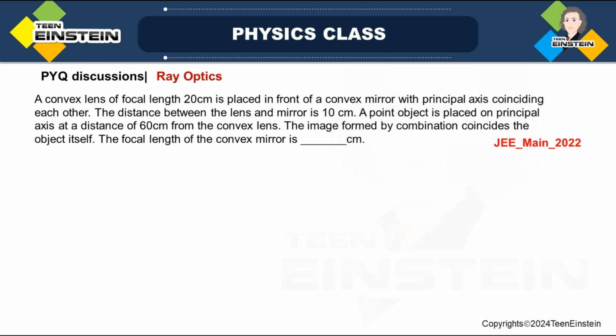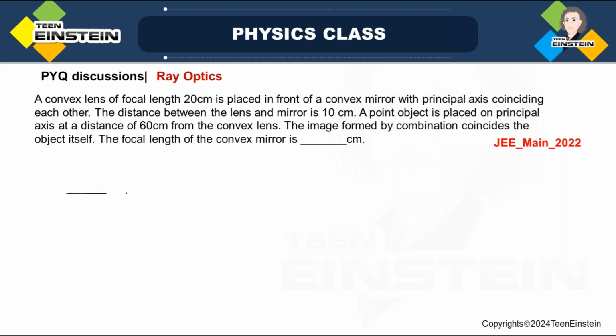This problem says a convex lens of focal length 20 centimeter is placed in front of a convex mirror with principal axis coinciding with each other. The distance between the lens and the mirror, see, I'll just show you pictorially the situation. The situation is like this.